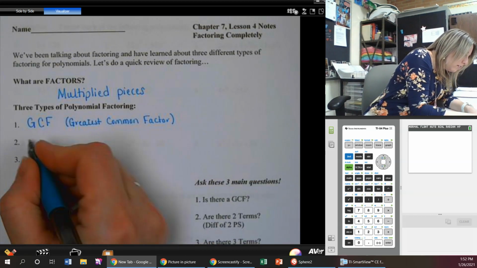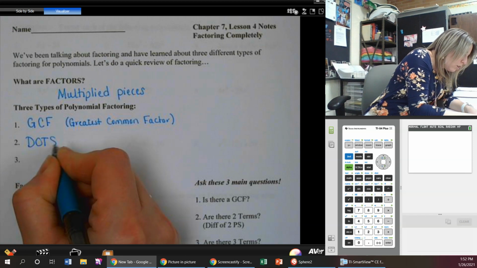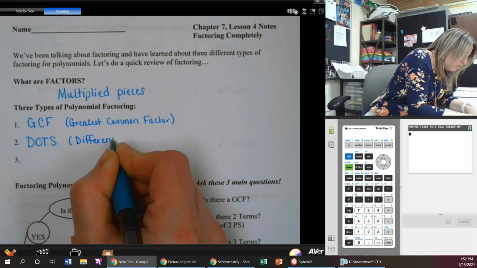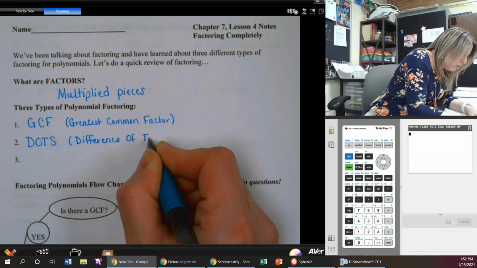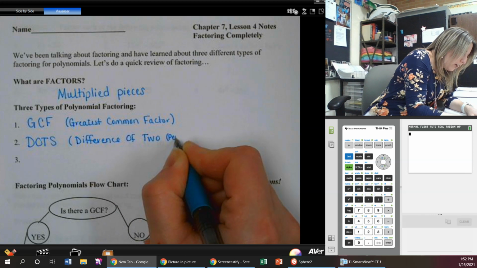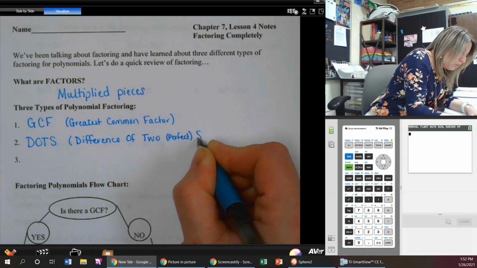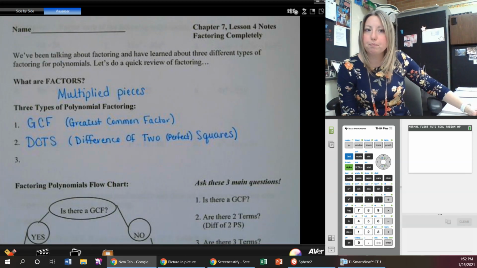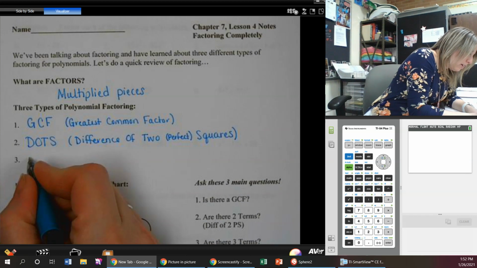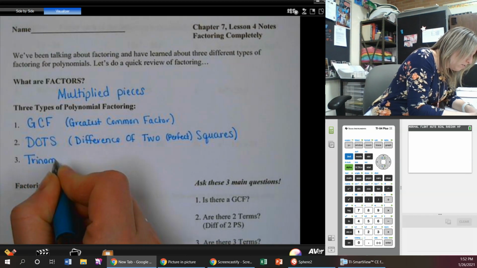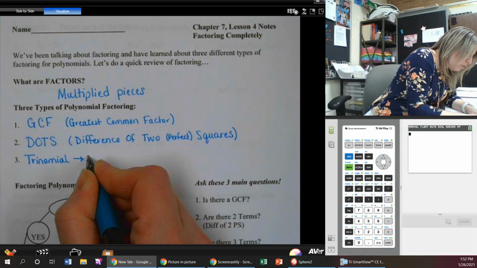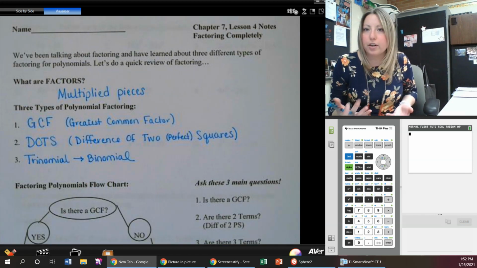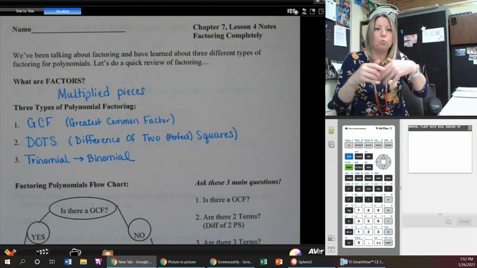Then we did DOTS, which stands for difference of two perfect squares, to make it a nice DOTS. And lastly, we had trinomial into binomial factoring. Typically we just call that trinomial factoring, but I just want to be clear as to what its results were.